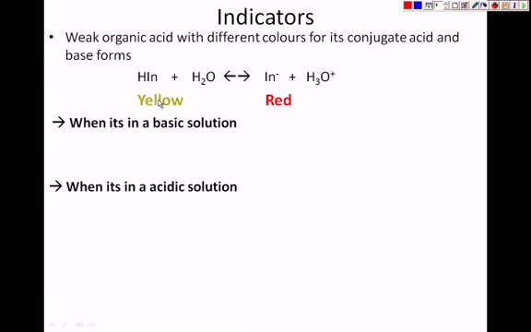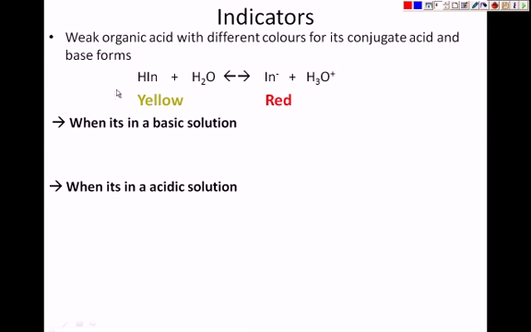So here's an example of a very common indicator. HIN right here stands for indicator, and it's an acid. So one form has an extra proton. Here's the acid form of this indicator, and here's the base form of this indicator.